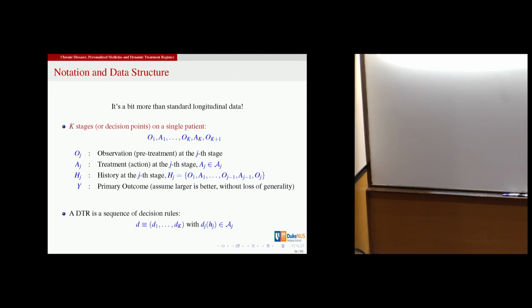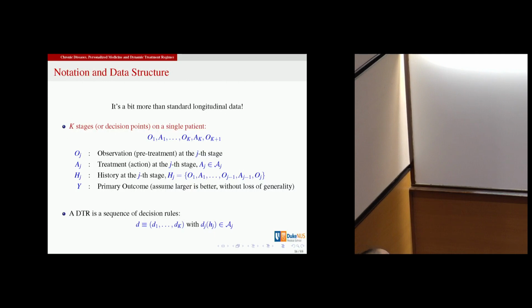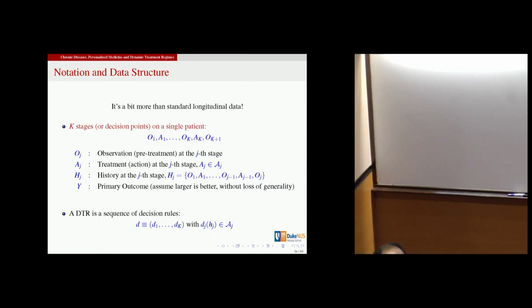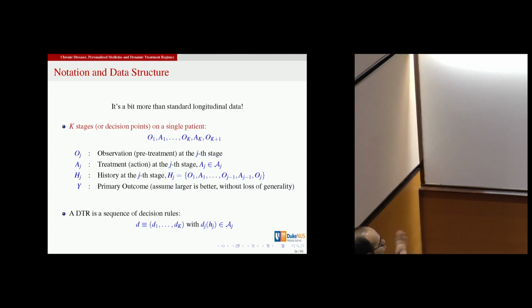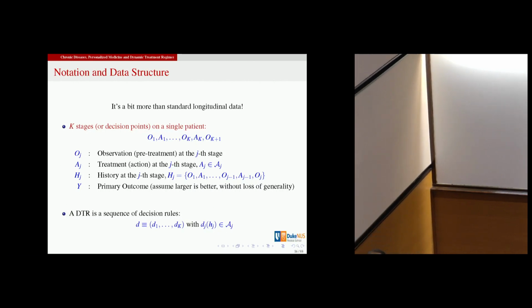Here it's a bit more than that. Here the treatment and outcome are intertwined. So here we are using notations O and A. O is the observation, basically the pre-treatment observation at the jth stage, that's O_j. And then A_j is the treatment, the action, at the jth stage. A comes from the word action as opposed to treatment, because there are so many T's, and we don't want to use T, because T is also time.